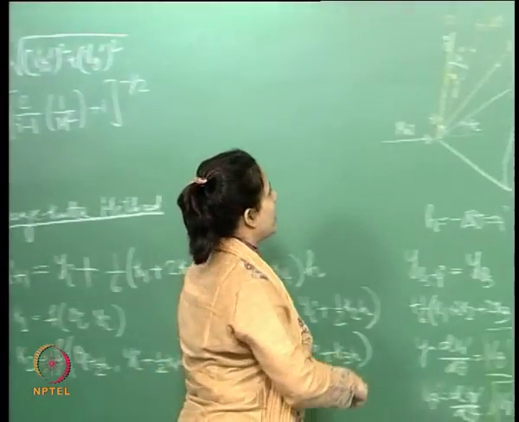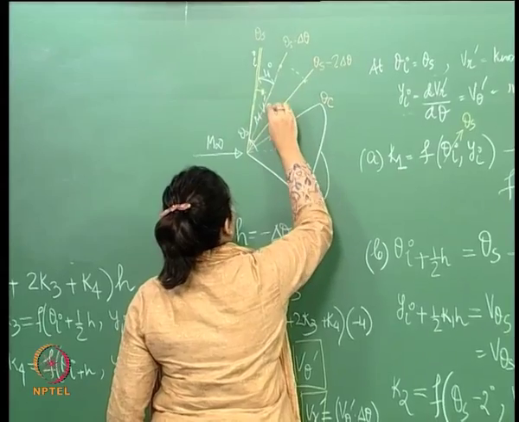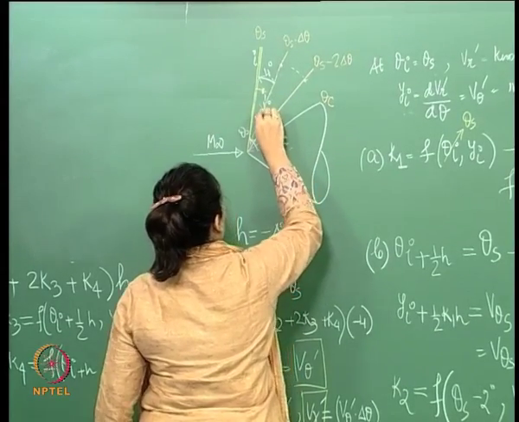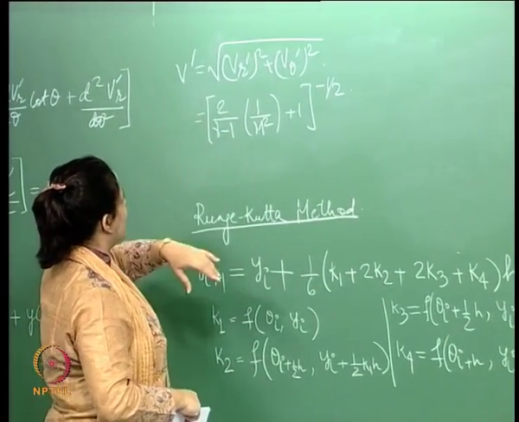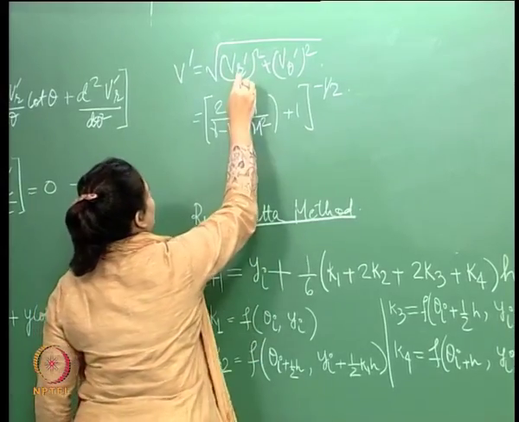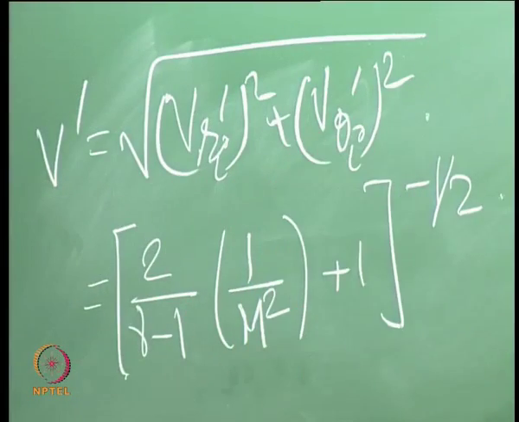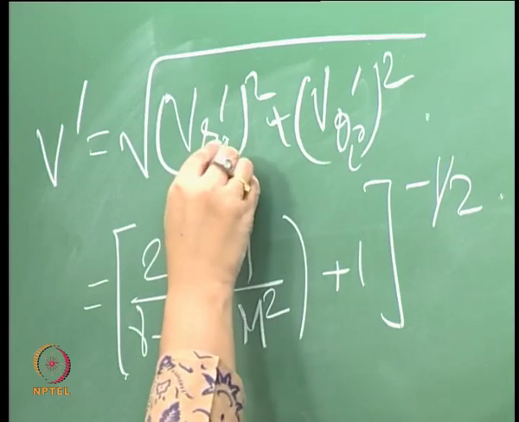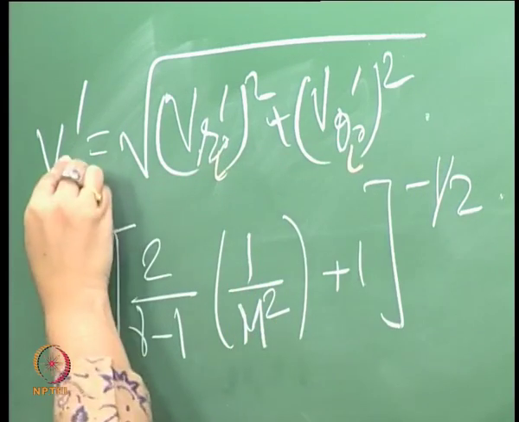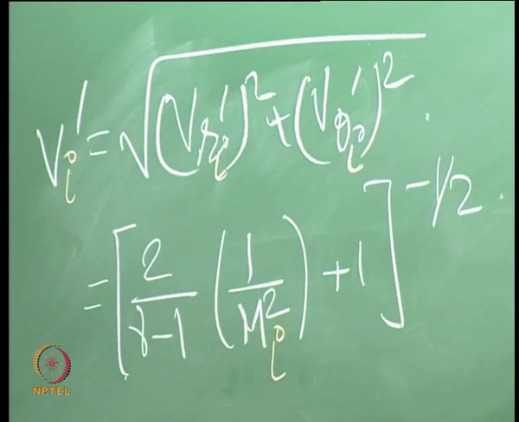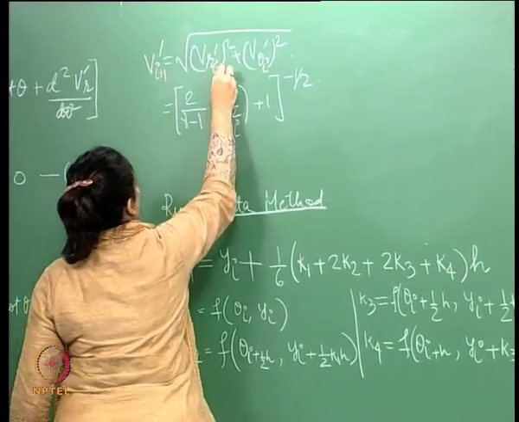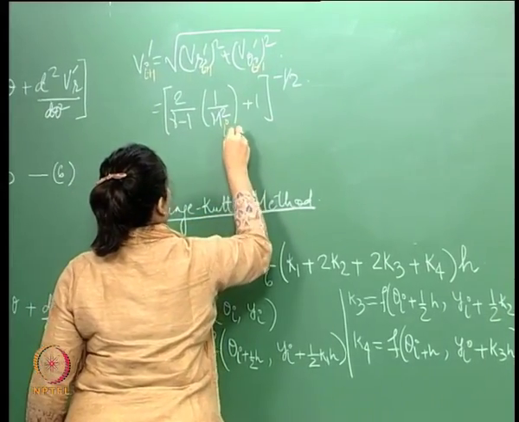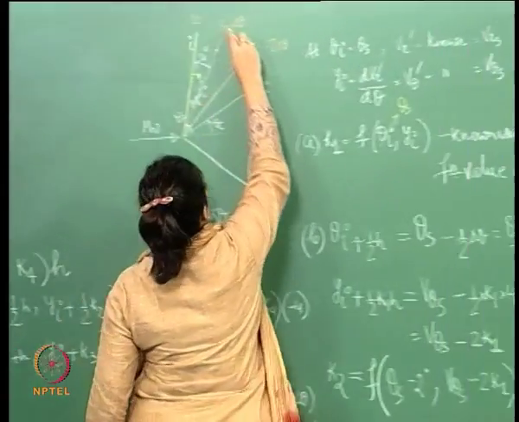So, what we can now get is V dash I and Mach number I, and from here we get V r dash I, V theta I, let us write it this way. Rather, not I actually. Let us say I plus 1. So, this is my I plus 1.